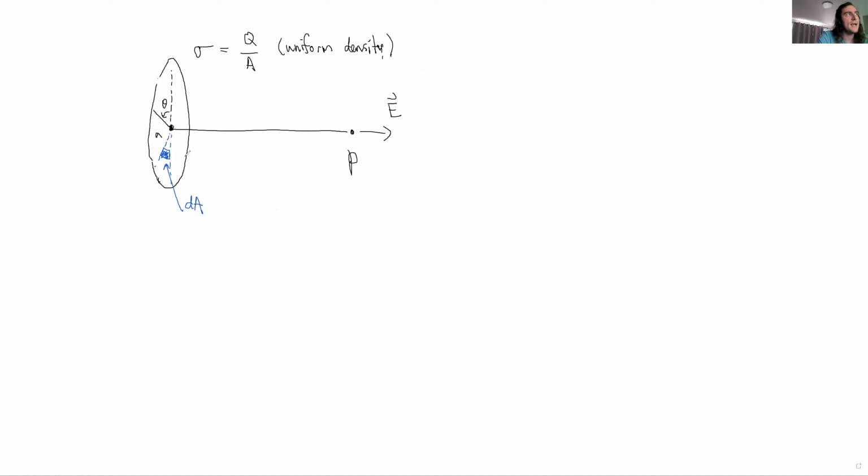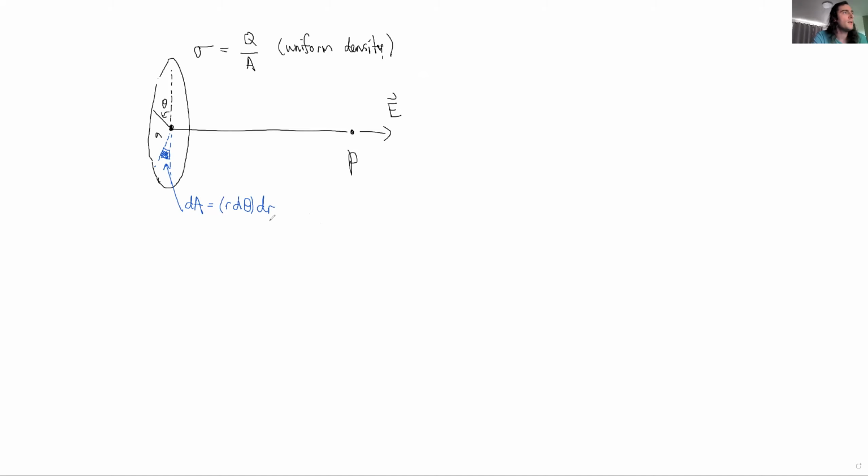Okay, and what is dA given in terms of? Well, dA is given in terms of the area element of a disk, right? So it's r d theta dr. Okay, so r and d theta usually come as a combo, right? And then we have to integrate over r.